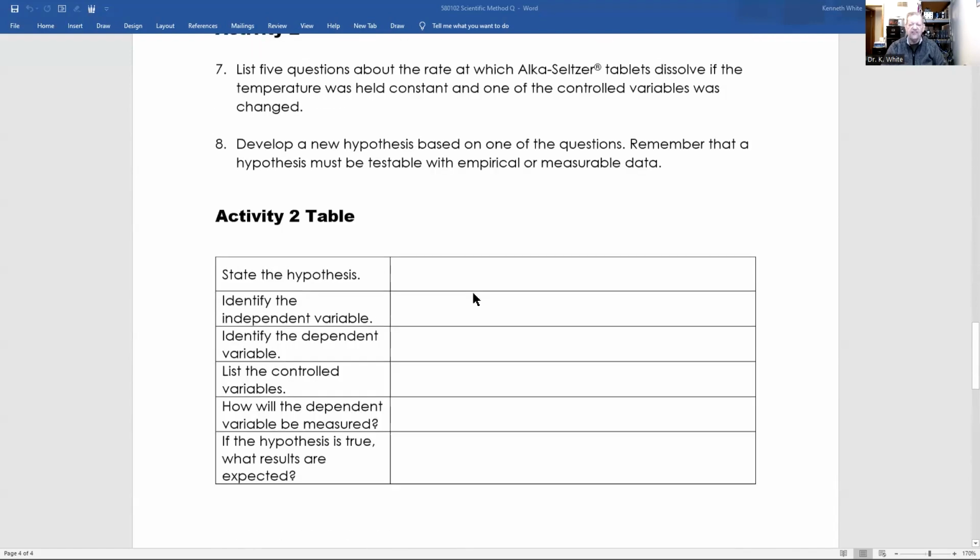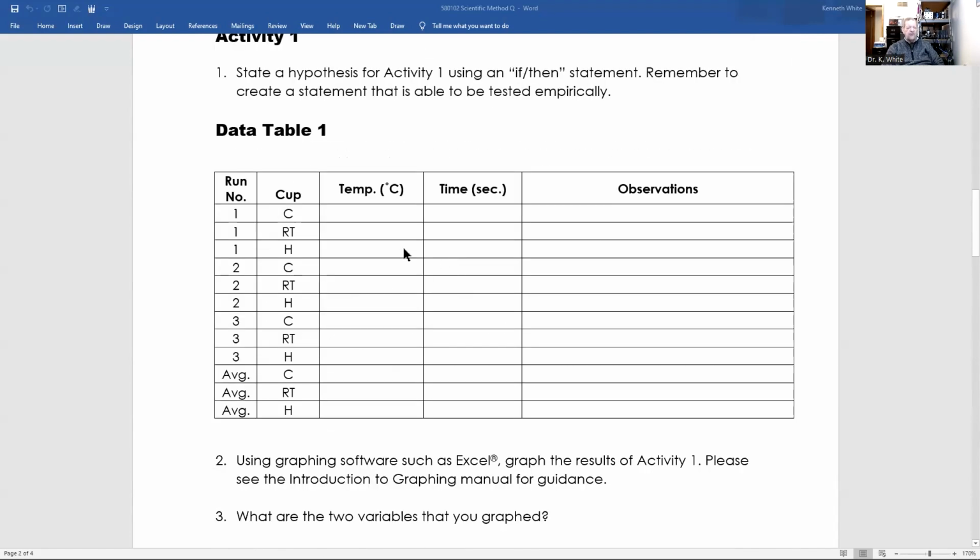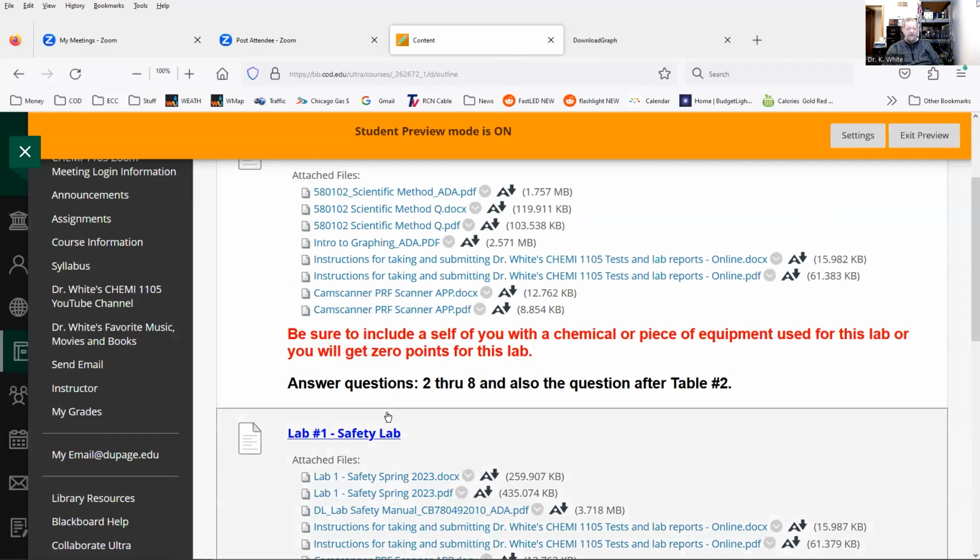When you fill this out, if you don't have a printer, you can write this on a piece of paper and then make it into a PDF file with the instructions I have, right here.